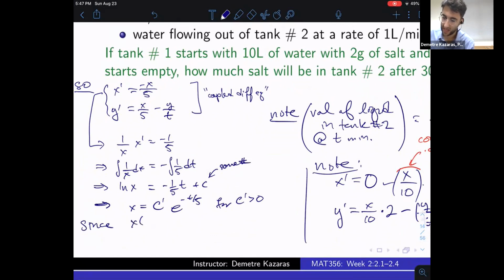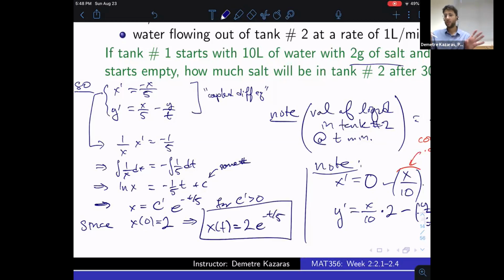The value of x at time 0, well, let's see, what is that? That is the number of grams of salt when we start in tank 1. And if we read up here, there's 2 grams of salt in tank 1. So this is 2. And it's not hard to see, you just plug in 0 for t, that'll tell us that c prime is equal to 2. So x itself is equal to 2 e to the minus t over 5.